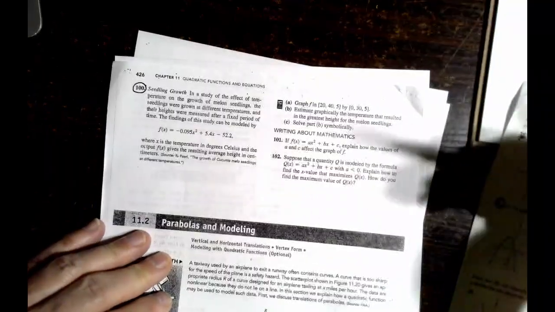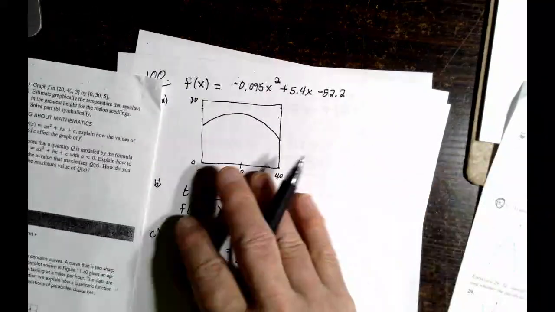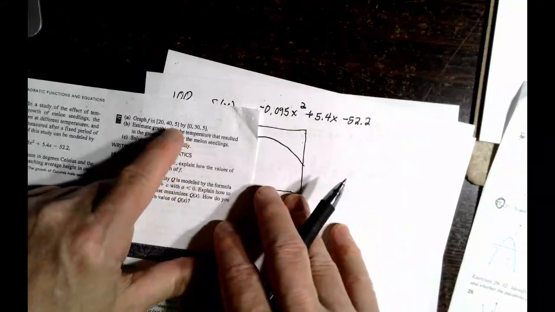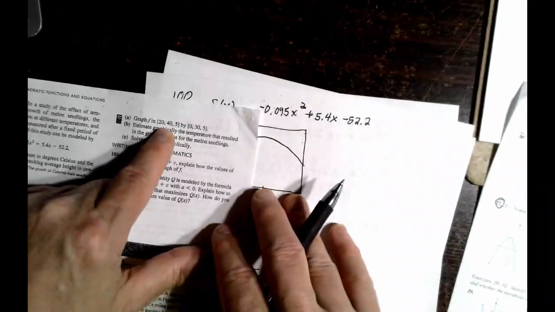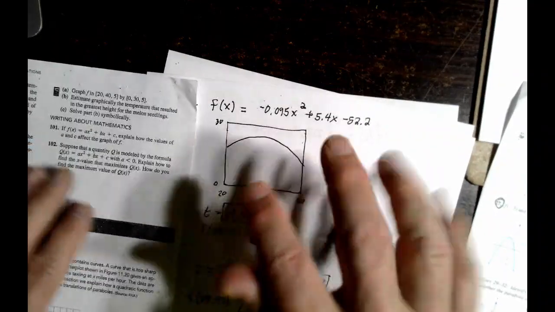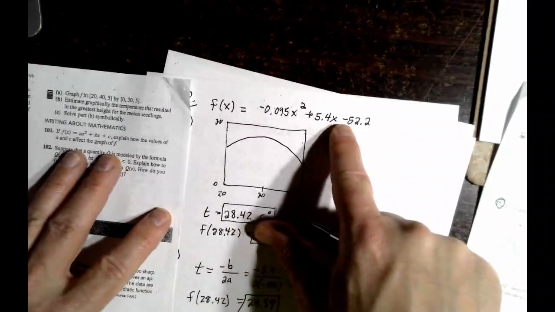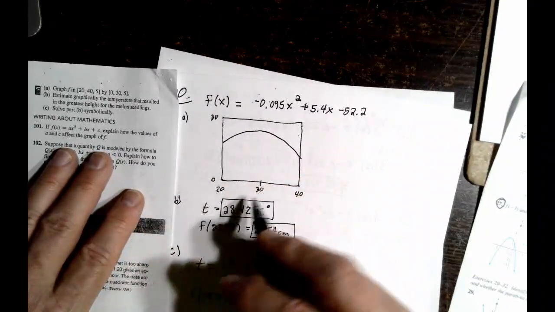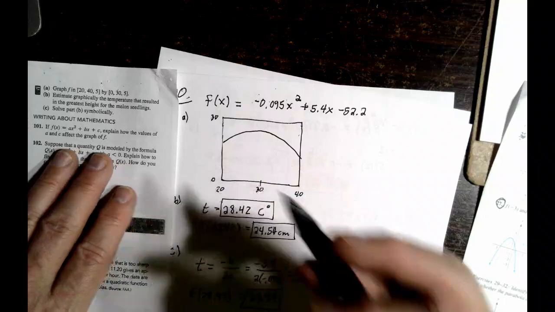Yeah, what temperature will give the maximum height for the melon seeds? Right. So they ask you to graph it with these window settings of 20, 40, 5, 0, 30, 5. Okay, and this is your equation. And when you graph it, it looks like this. So you can see it has a maximum here, somewhere around 30 degrees or so.